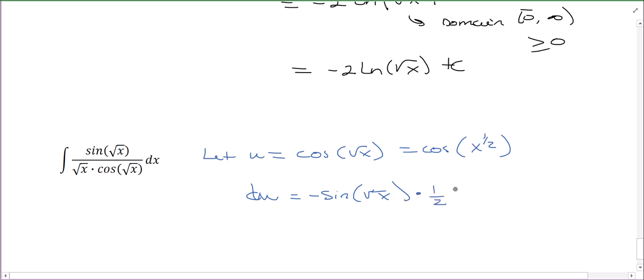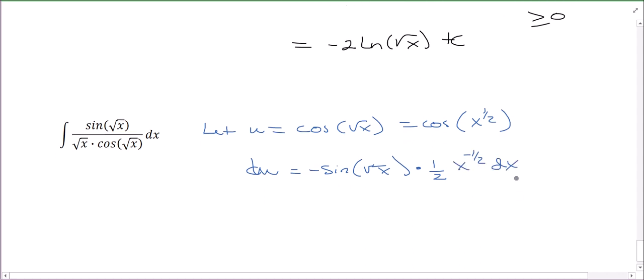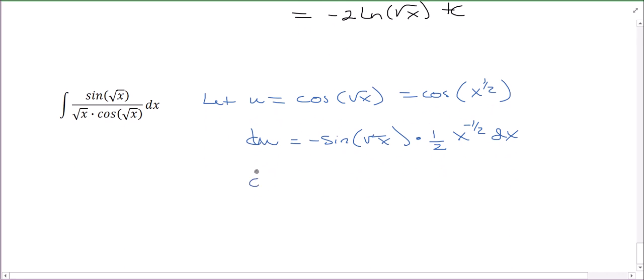So times 1/2 x to the negative 1/2 dx. And so simplifying this du, I'm going to have negative 1/2 sine of root x times x to the negative 1/2, over root x dx.